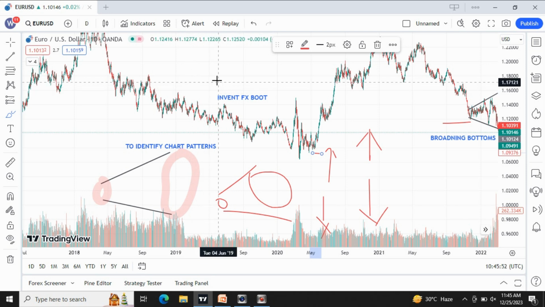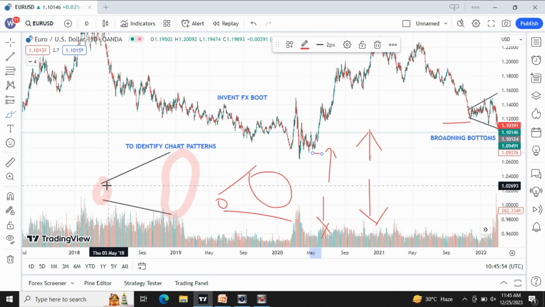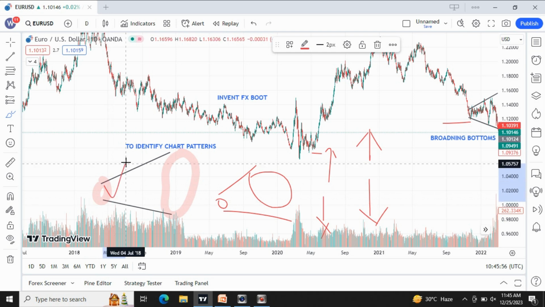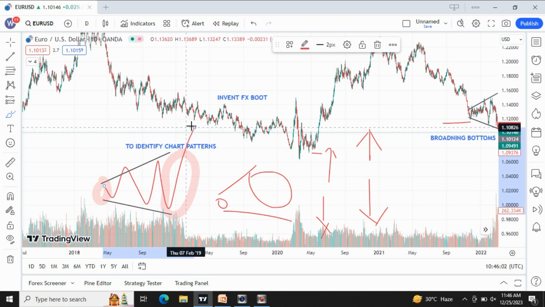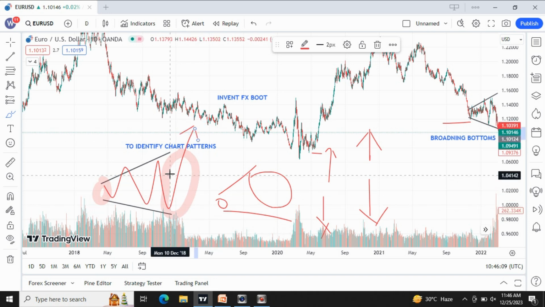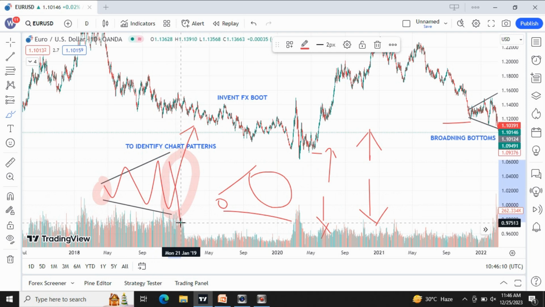You may be wondering what differentiates a broadening bottom from a broadening top, because we have both. But in this episode, we are going to consider the broadening bottom. A broadening bottom has a price trend leading down to the start of the formation. Meanwhile, a broadening top has price trending up.